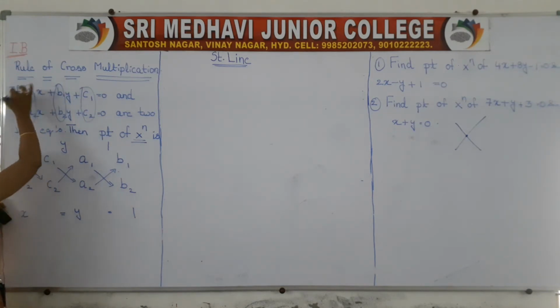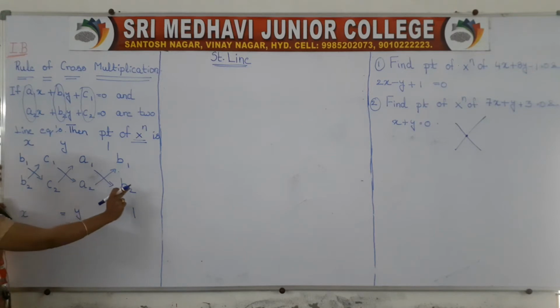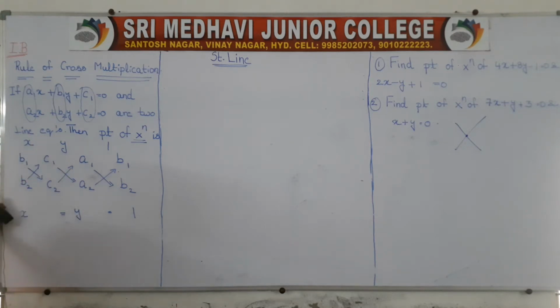Then take the x coefficients a1, a2. Again we write the y coefficients. That is called the cross multiplication method. Above these, we write x, y, 1.